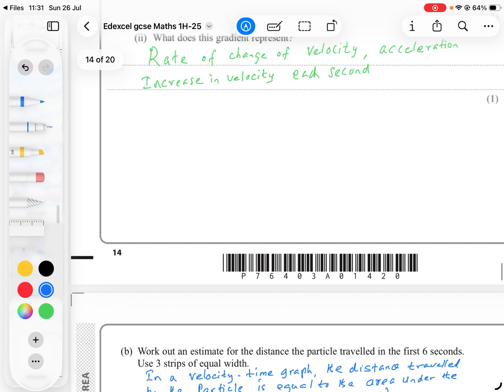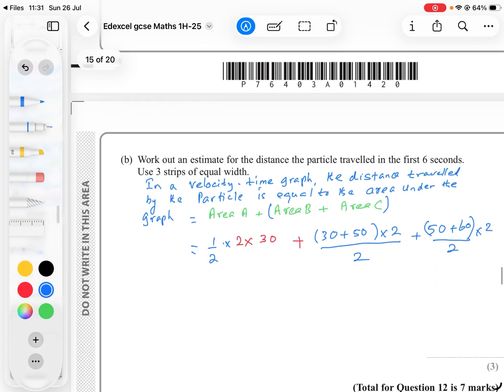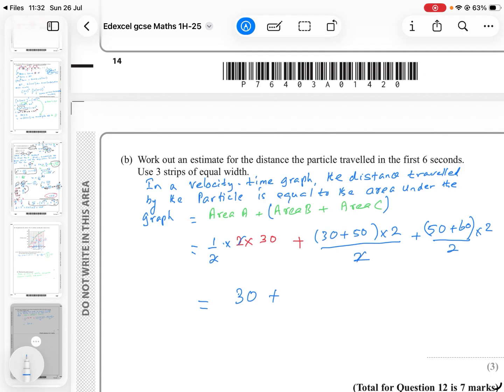Altogether, when you add them, the 2s cancel: 30 plus 50 is 80, plus 50 plus 60 is 110.